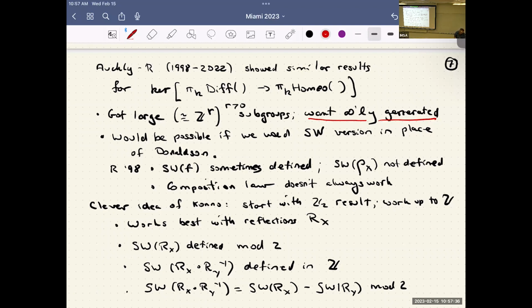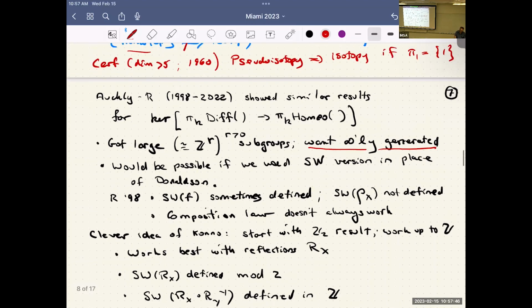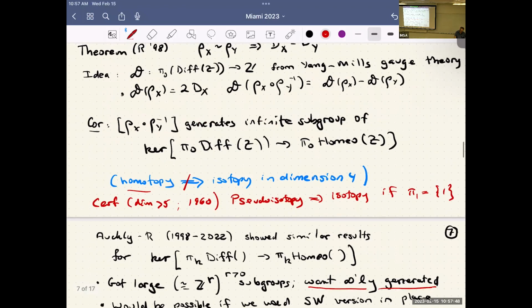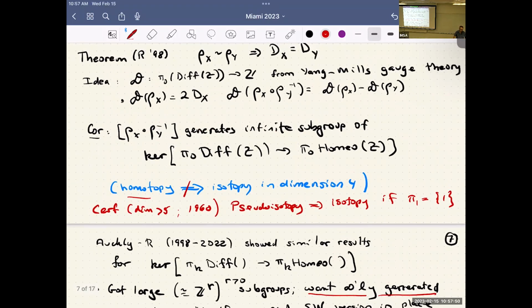So we were a little stuck on this point, and in fact, as you'll see, our construction is an inductive one. You start with older results in this construction that I briefly outlined here, and then out of that, I'll show you how, by a trick, to make the manifolds bigger, and then go from pi 0 to pi 1, make the manifolds bigger, go from pi 1 to pi 2, and so on.